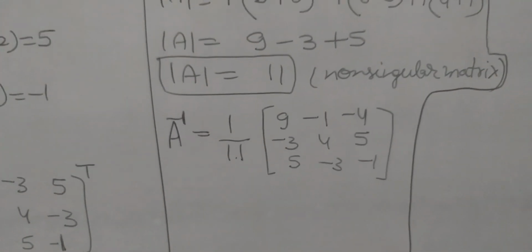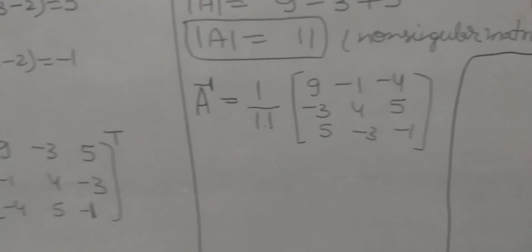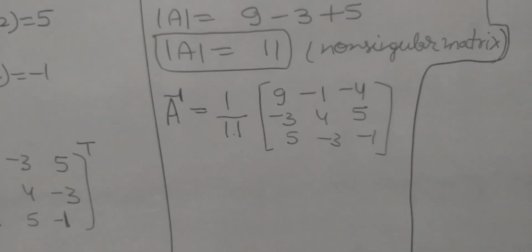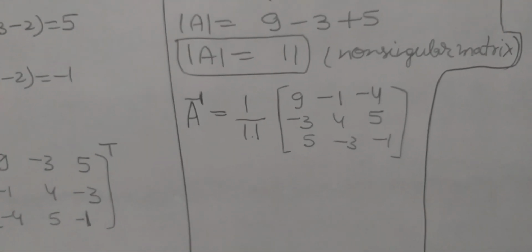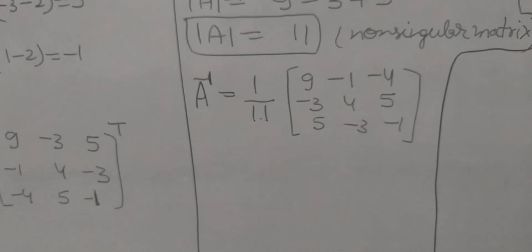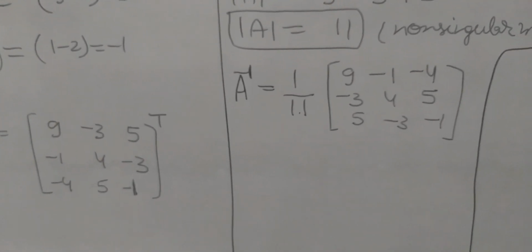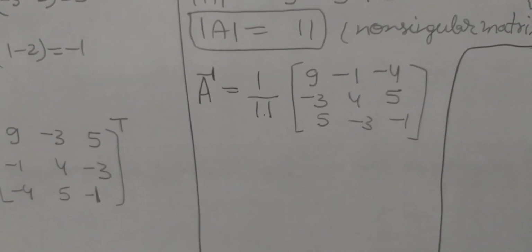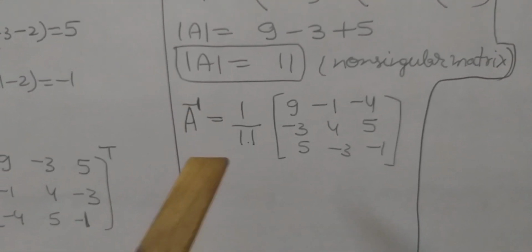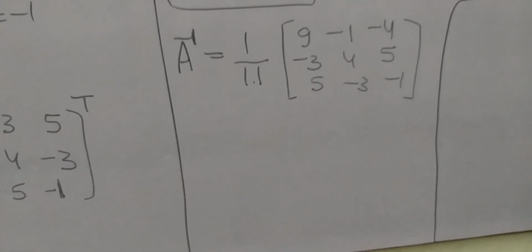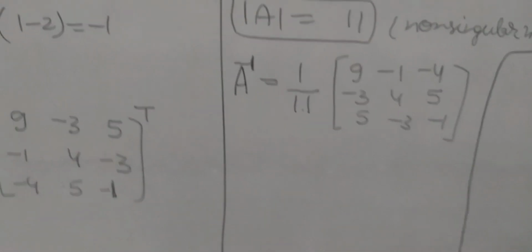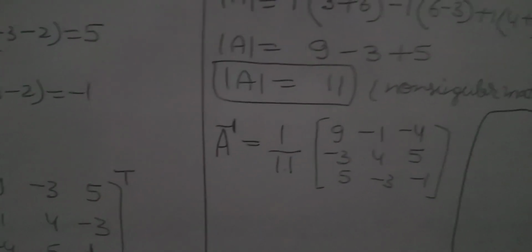Earlier we learned to find the inverse by elementary row transformation or column transformation. There are two methods of finding inverse, one by using determinant and adjoint, and second by elementary row transformation. Correct students?